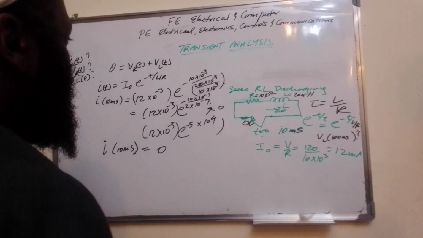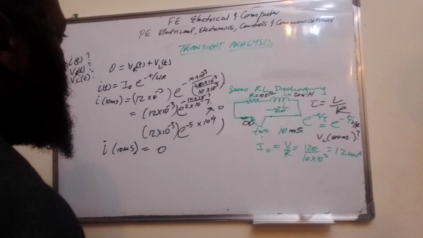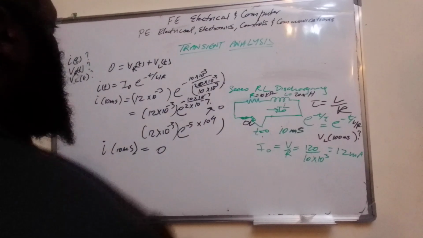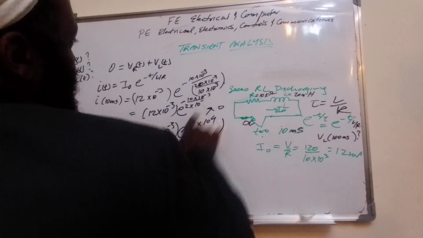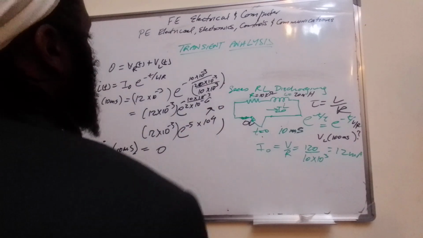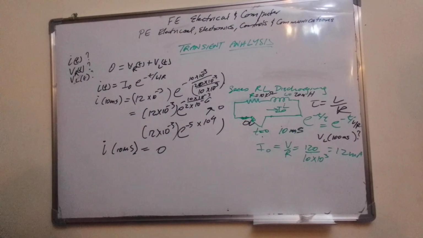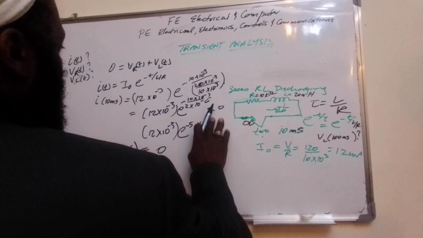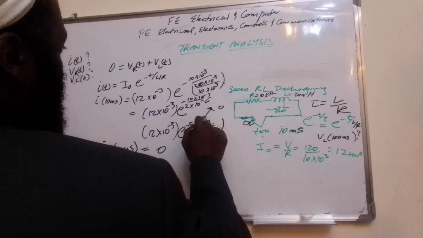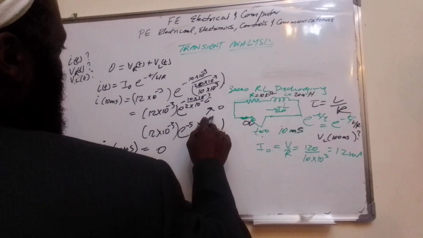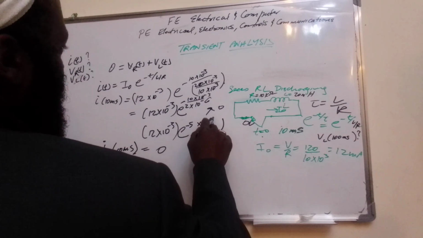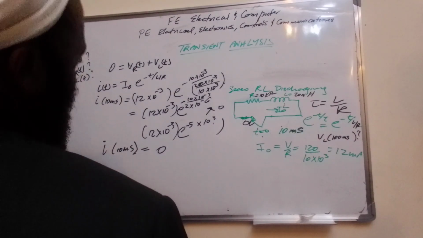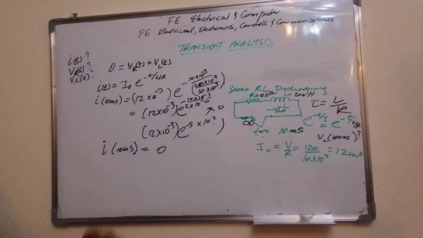Deal with this piece first. 20 over that. This is 2 times 10 to the minus 6. I'm getting too many errors here. This is minus 6. This would have been minus 3. So this is tending to 0.